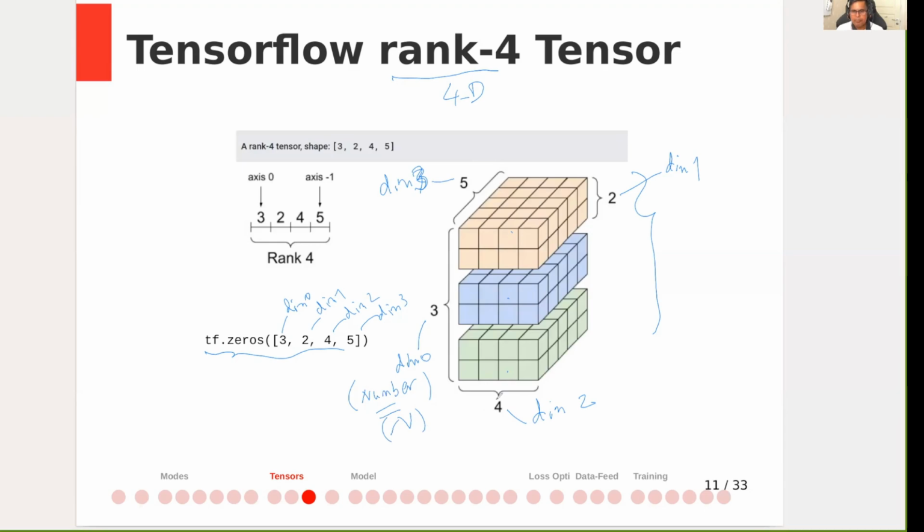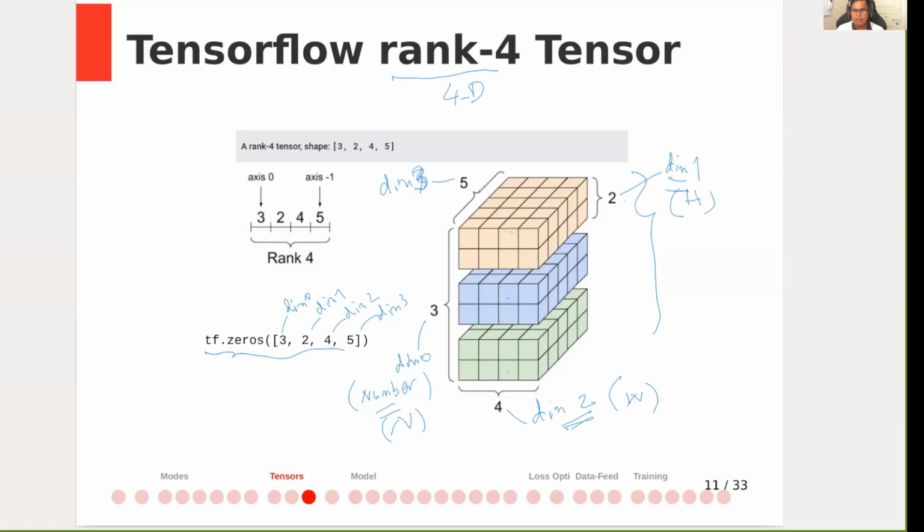And the second dimension, dimension 1, represents the number of rows in each image. So this is the number of rows, or the height H of each image. And the third dimension is dimension 2, and it represents the number of columns, the width of each image.